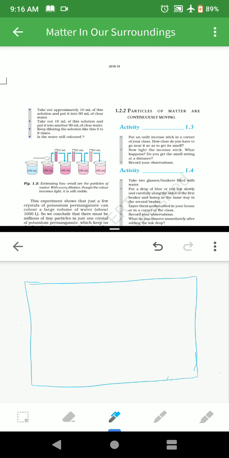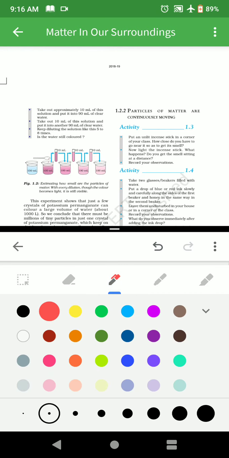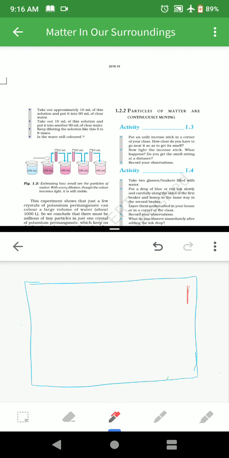So what you will do here, take one incense stick and put it in the corner of your room. Suppose I have put that incense stick here. Now go close to that incense stick to get a scent or smell of that incense stick. If you went there, then you will get the smell of the incense stick.